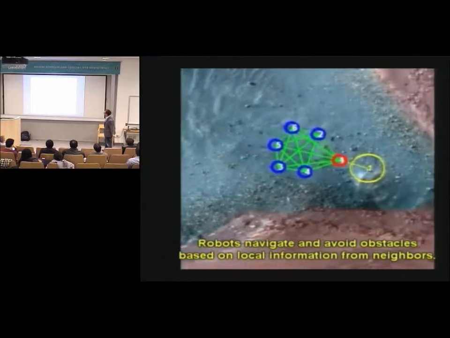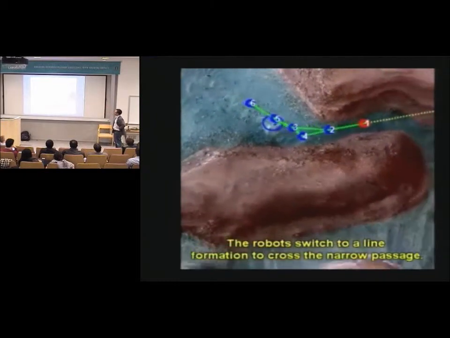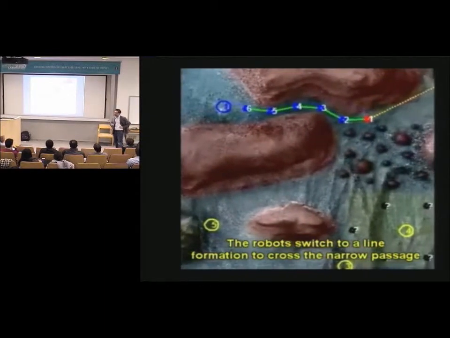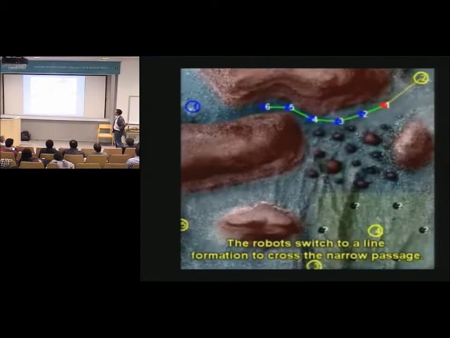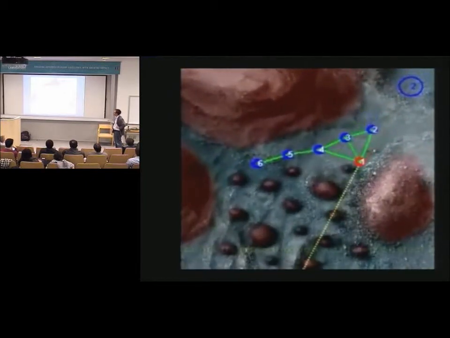And they had to negotiate a bunch of things. One thing they had to do is ensure that they're always staying together, don't drive into obstacles, and everything is local measurements here, except the fact that this guy knows where the next waypoint is.